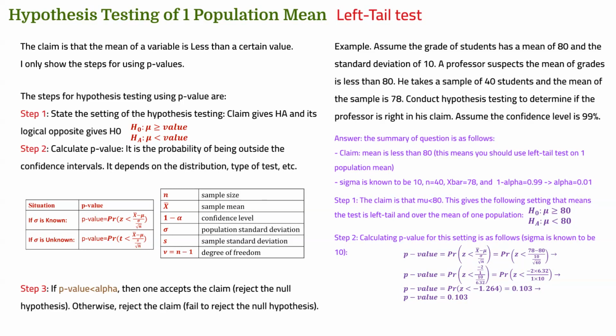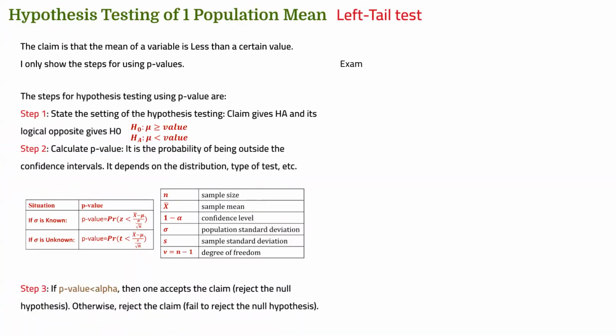We know all these values, we plug in, it will be the probability of z less than minus 1.264, which is 0.103. Comparing the p-value equal to 0.103 with the alpha 0.01, it is not less than alpha, which shows the claim is rejected. This means the average is not less than 80.